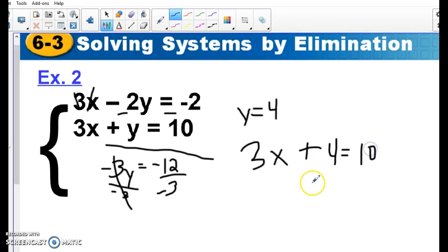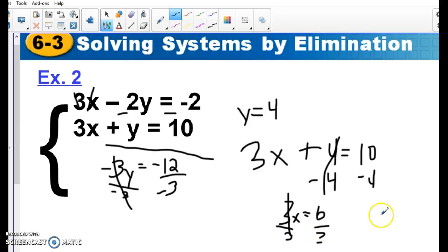It says plus 4, so I need to minus 4. 3x equals 6. Then divide both sides by 3, and x ends up being 2. So my two answers here end up being 2 and 4.